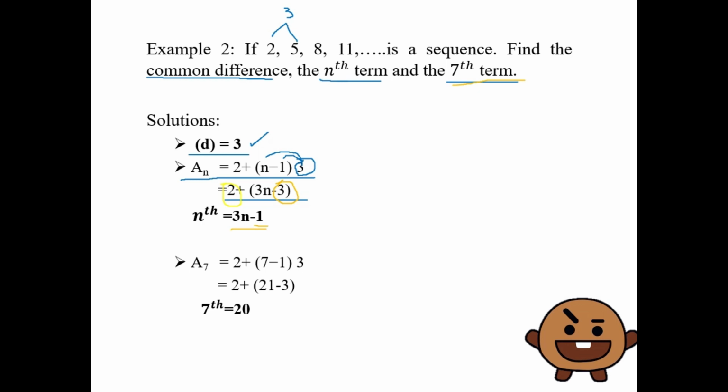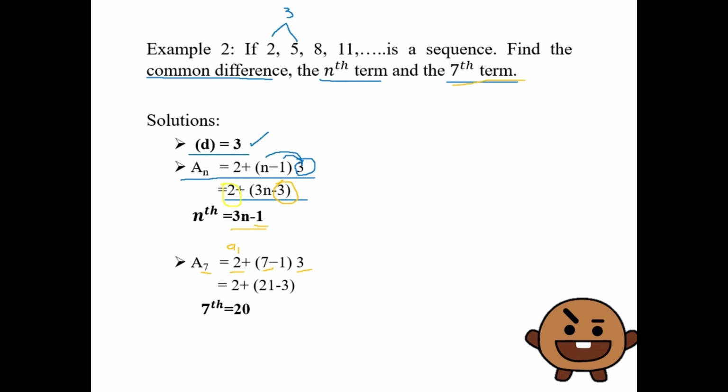Why is it 2? 2 is our first term, that's a sub 1. Plus, our value of n is 7 because we're looking for the seventh term. 7 minus 1 times 3. The 3 there is our common difference, or the value of d.